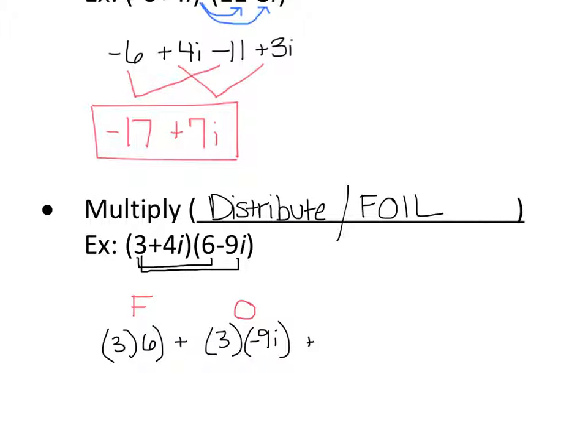And then write plus, and we go get our inside terms, which are 4i times 6. And then we add the last terms multiplied together, which are 4i and -9i.